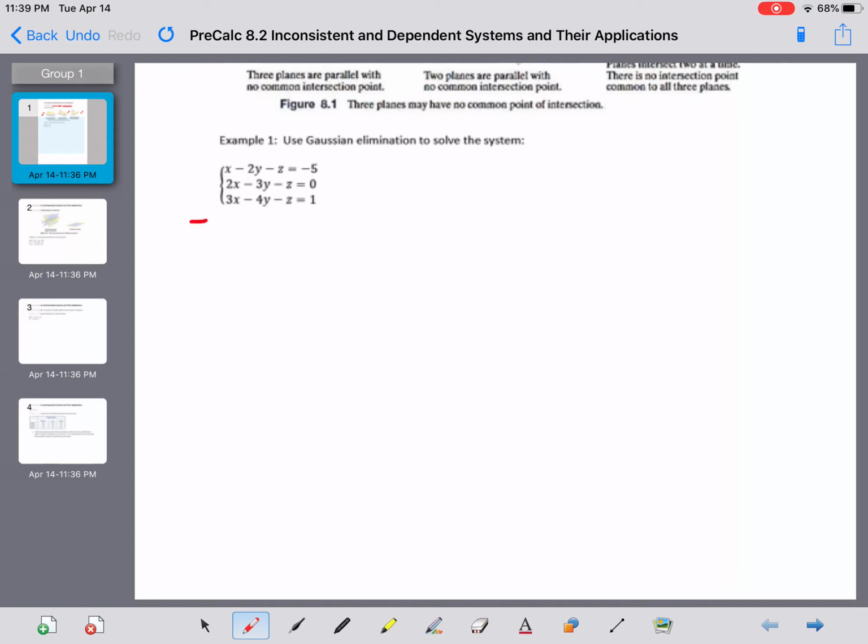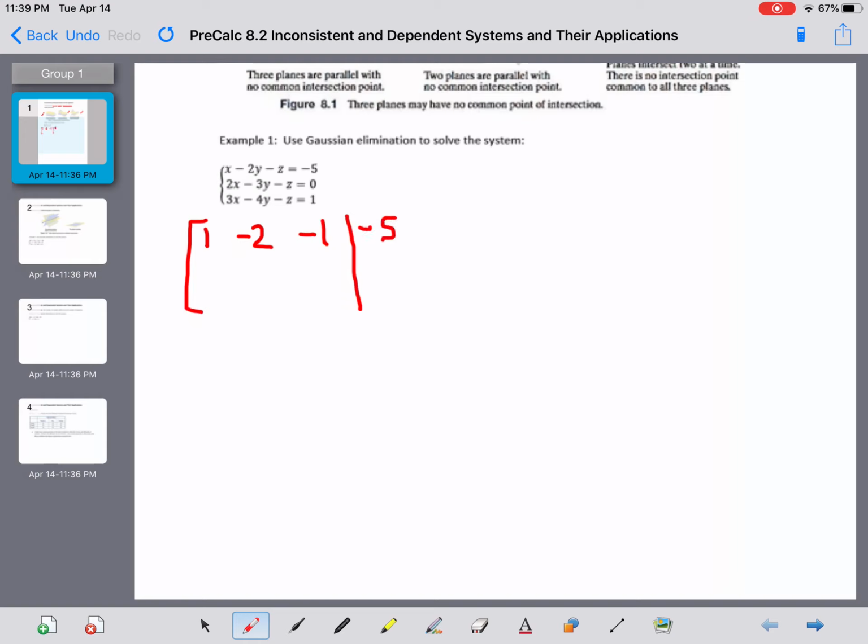So let's go ahead and start with our augmented matrix. Remember from 8.1, when we do our augmented matrix, make sure your x's, your y's, and your z's are all lined up, my equal signs lined up, and then my constants are also lined up. I'm going to keep them in the order they are. So my first equation going across, x coefficient is 1, y coefficient is -2, z coefficient is -1. Here's my vertical line for my augmented matrix, and my constant is -5.